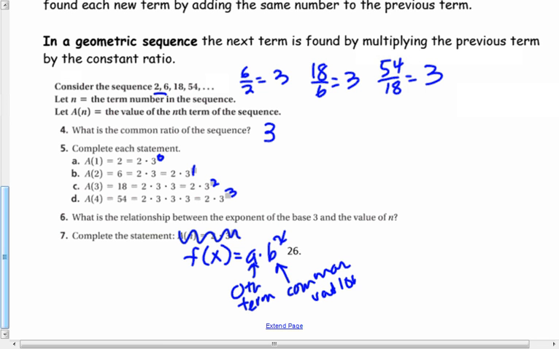So our 0th term here is going to be, take the first term, which is 2, and we're going to divide that by 3. We can just write that as a fraction, 2/3. So f of x equals 2/3 times, and our common ratio is 3. And then we just put that in the x power. All right?